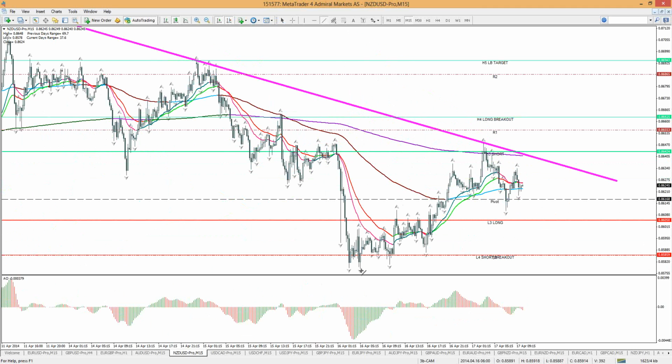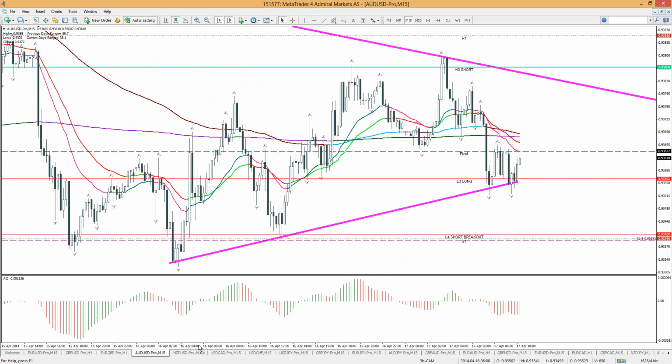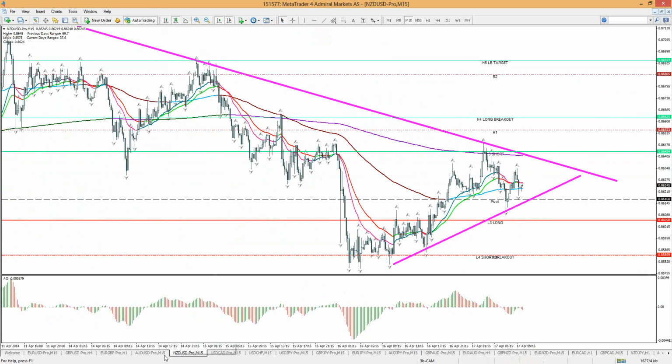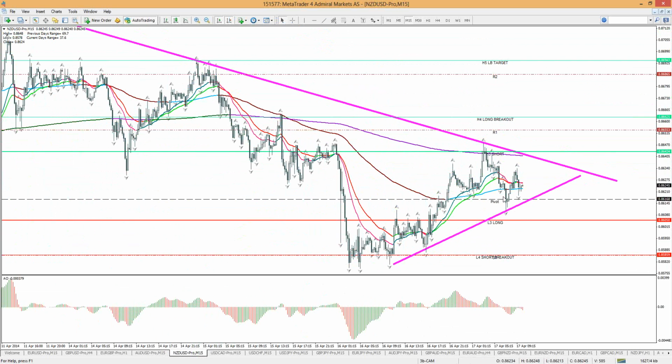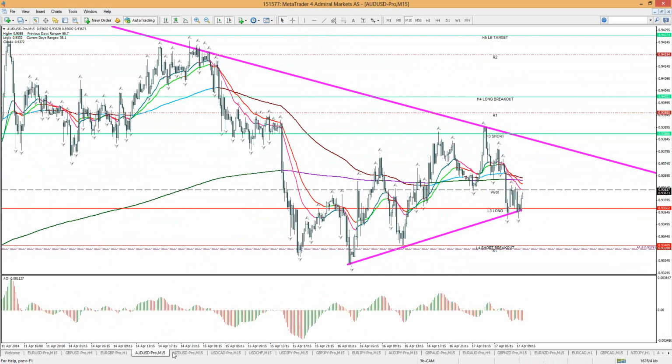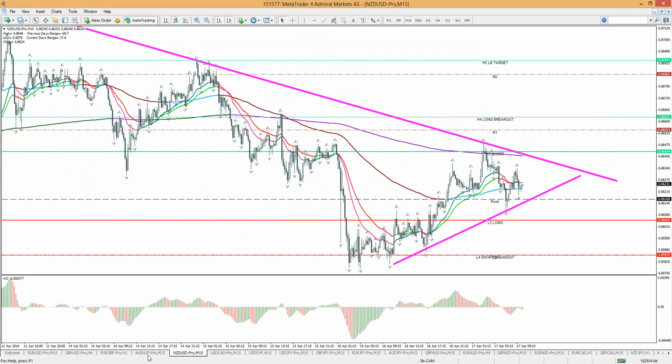Here too, probably just like the AUD USD. Let's take a look if there are any clear differences here. I guess the difference is that the Aussie is already hitting the L3, while the Kiwi bounced off the pivot. So there's more bearish threat in the AUD USD, although the AUD USD is bouncing. I'm not saying it's closer to breaking to the downside. That's, I guess, the difference.